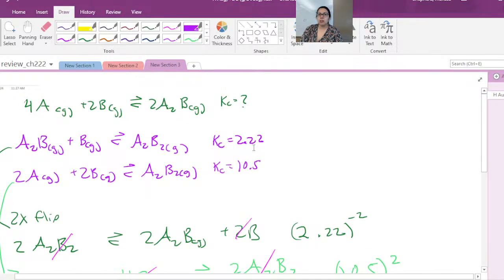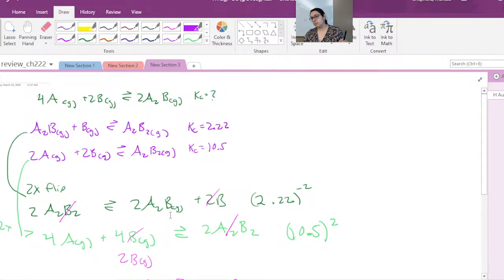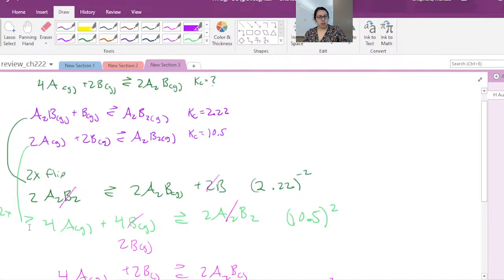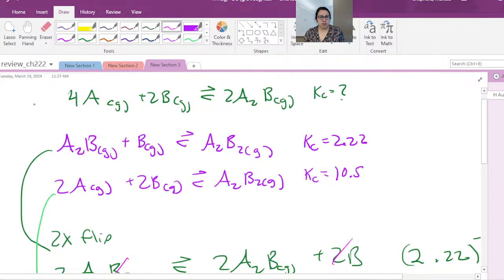Other questions, thoughts? Could you go over canceling them out again, when you multiply them out and then cancel them? I guess I just got confused. Yeah, this one was a little funny because we have a bunch of B's everywhere. I recognized that we have this weird A2B2 in both of these equations, but it's not in our added equation.